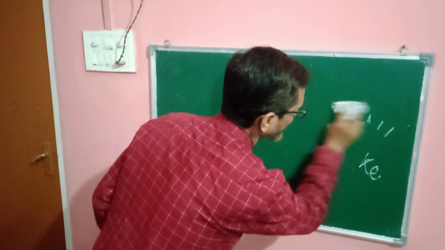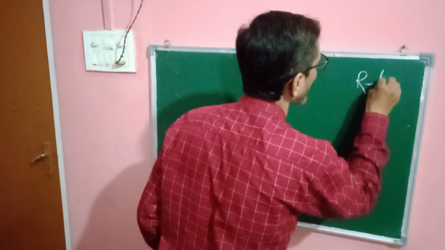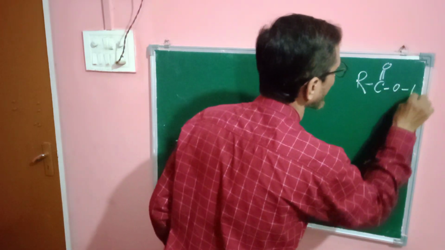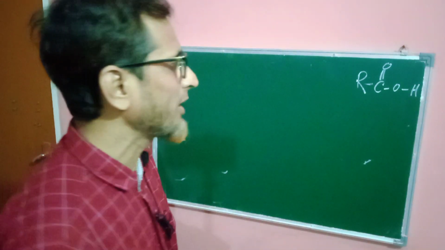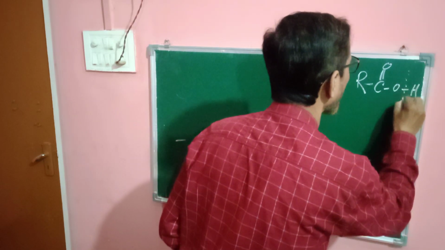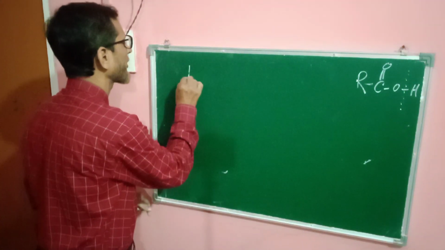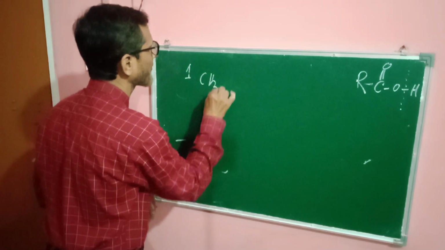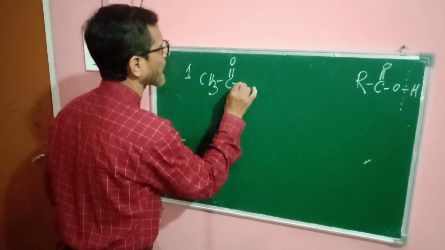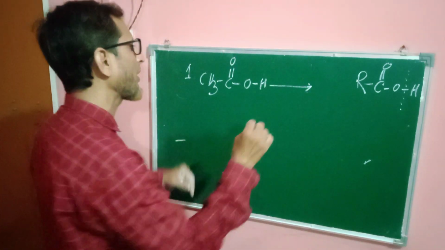So first of all, I am trying to make the reaction. You just learn stepwise. You can keep each and everything in your mind, otherwise you can't. We'll be concerned with that hydrogen. That type of reaction is what? Say I am taking one example, CH3, C double bond OH. In one step I will do it.